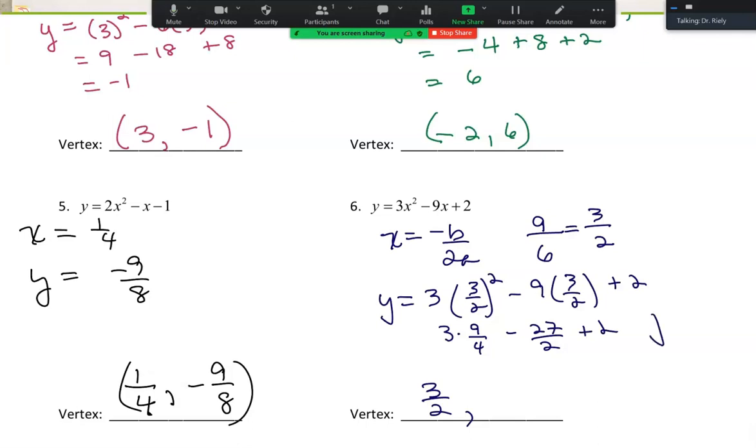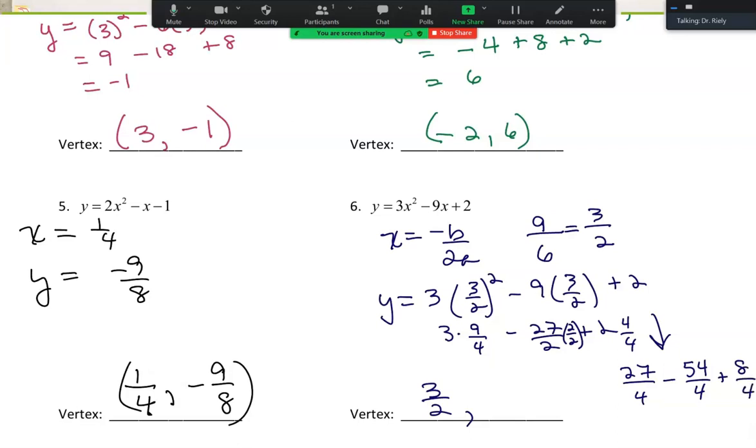Let me just continue down here. So 3 times 9 is 27/4. Let's multiply the 27/2 by 2/2, and we get minus 54/4. Let's multiply the 2 by 4/4, and we get plus 8/4.